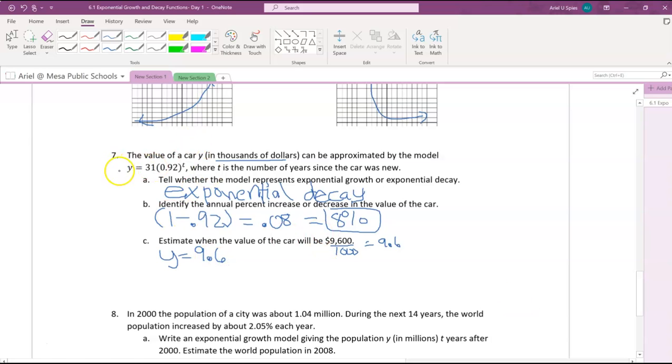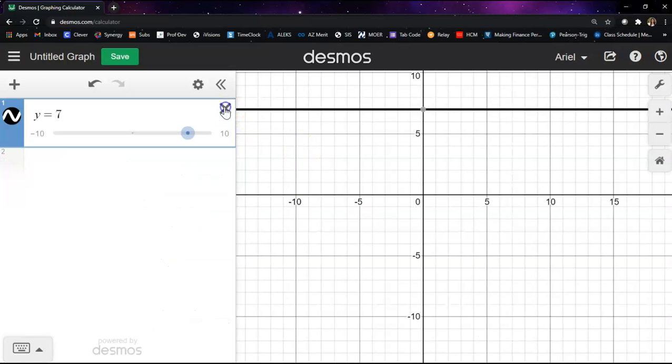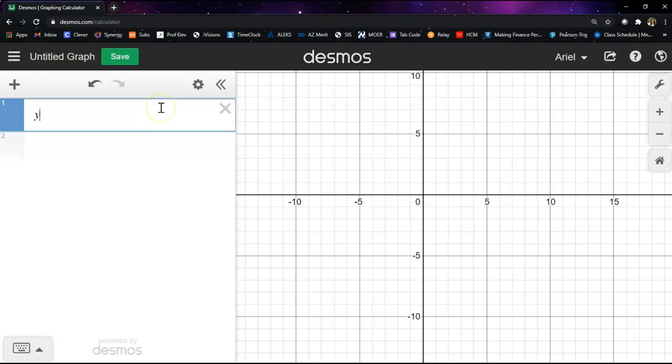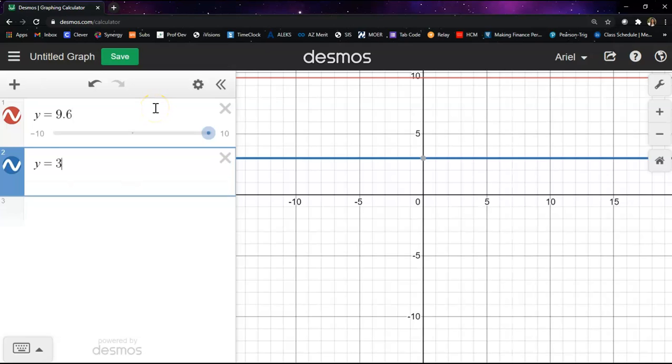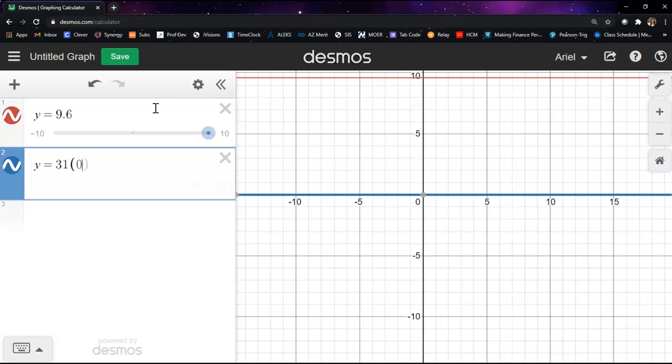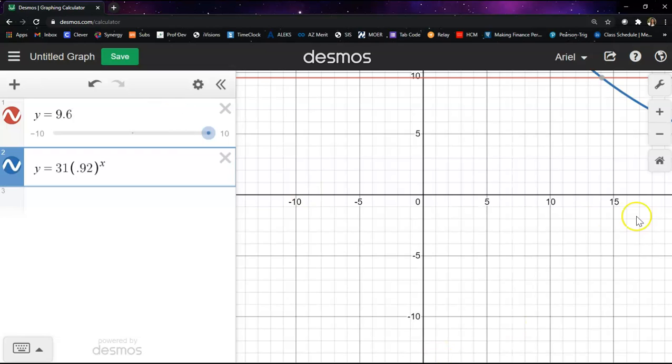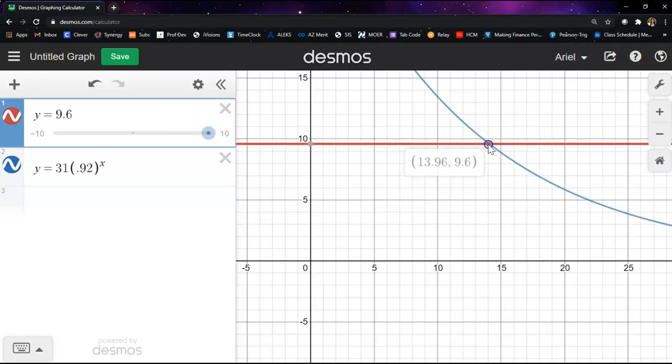And then I'm also going to be graphing this equation. So I want to see where these two are crossing, which is right here. That would be 14 years.